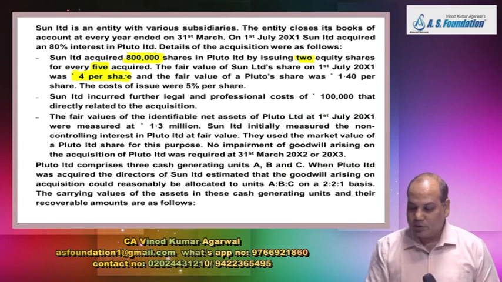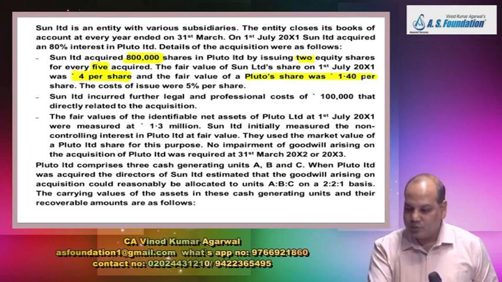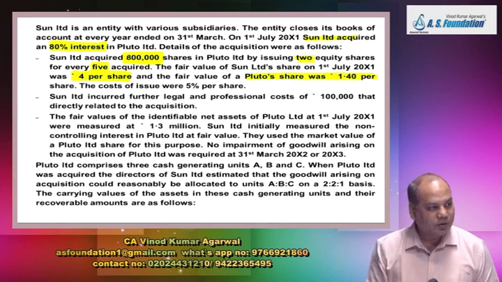1280. Memory plus. And the fair value of the Pluto Limited share was 1.40 per share. Now this will be required for calculating the value of non-controlling interest. Sun Limited acquired 80% interest, which represents 8 lakh shares, which means non-controlling interest will be 20%.